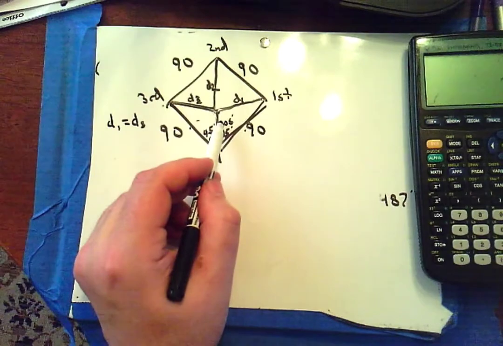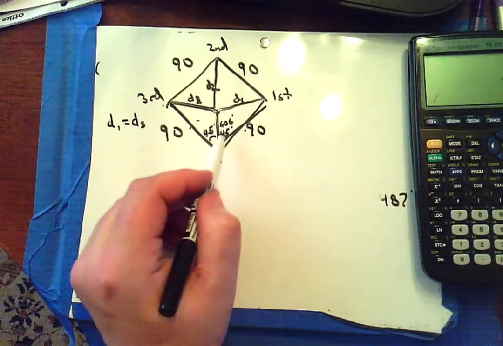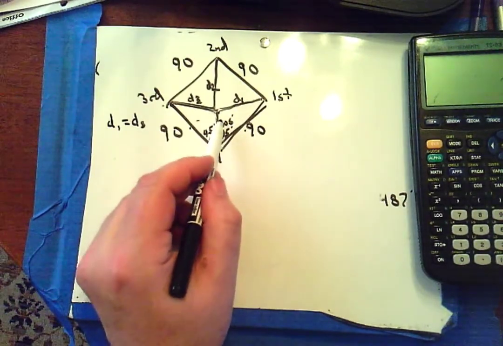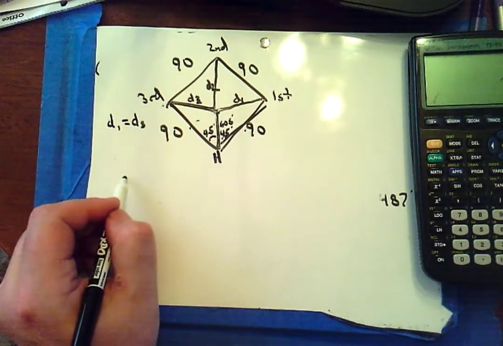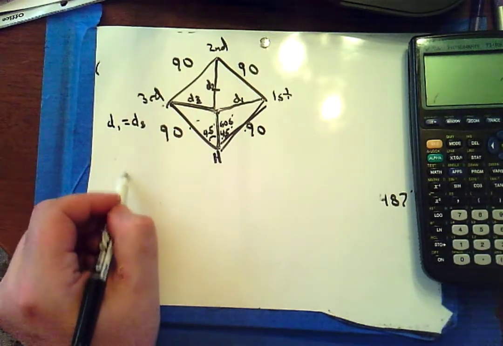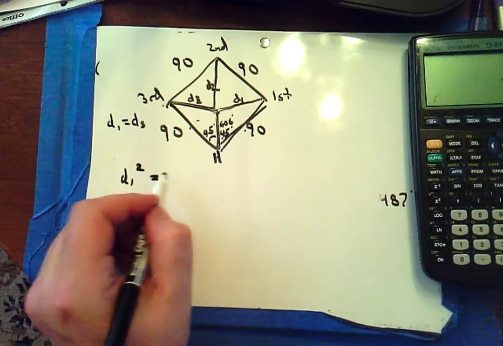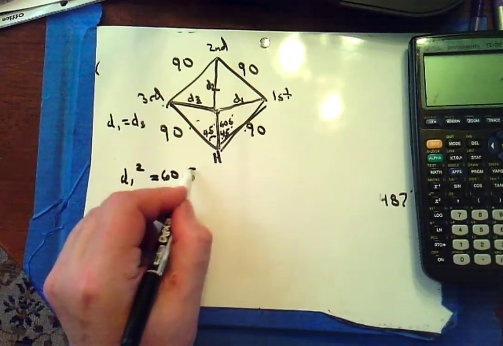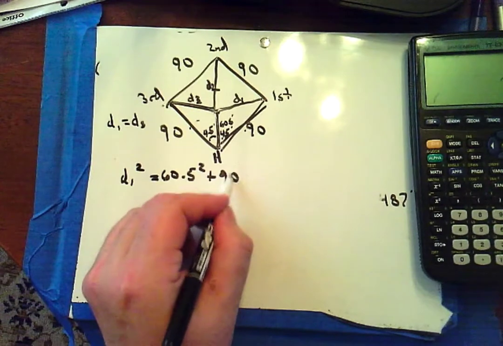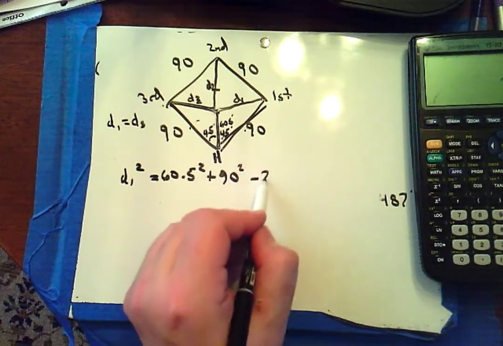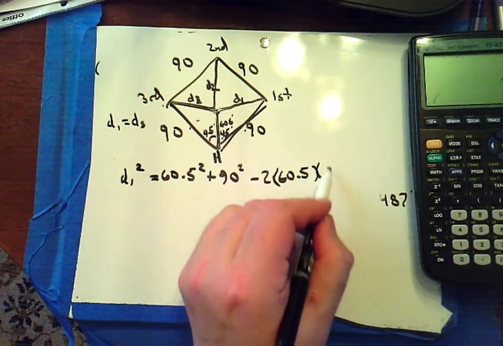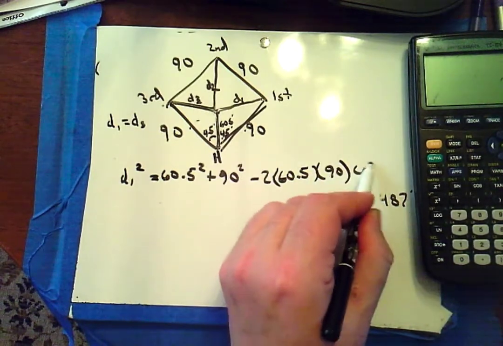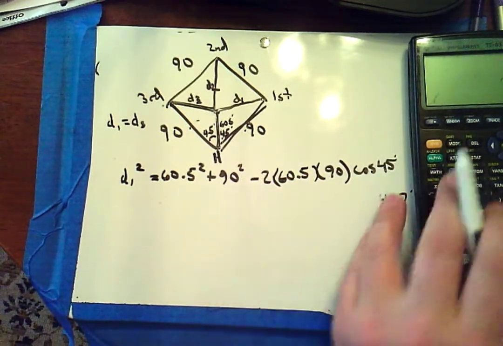Do I have an opposite side angle pair? No. But I do have side angle side, so I can use law of cosines and say that D1 squared will be 60.5 squared plus 90 squared minus 2 times 60.5 times 90 cosine 45.